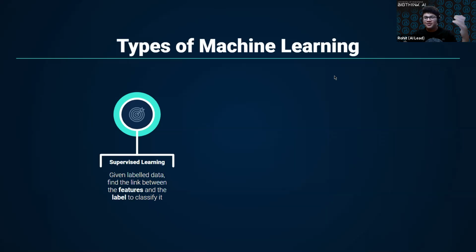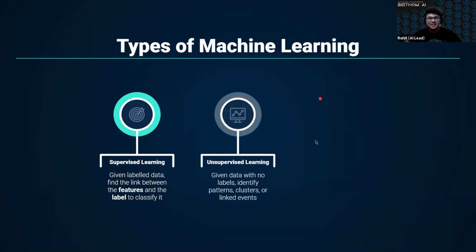That's an example of a supervised learning problem. We're given data and we're trying to find the link to some sort of label, some sort of answer. Unsupervised learning means we don't provide that answer in its training, but it can still group together data and try to identify patterns that the human eye might miss.